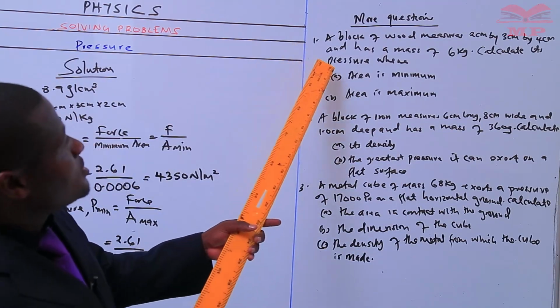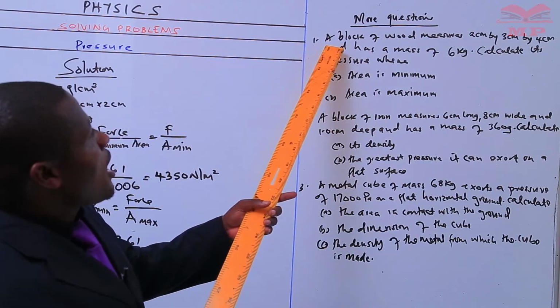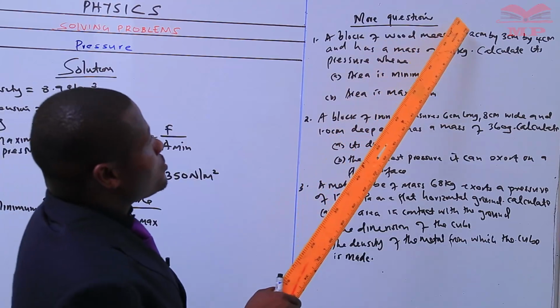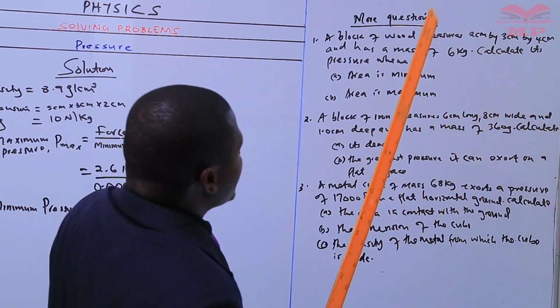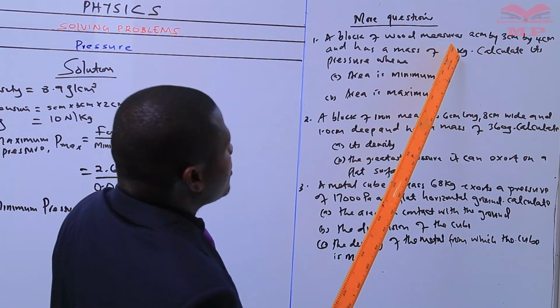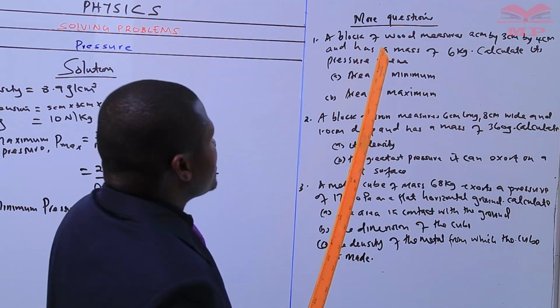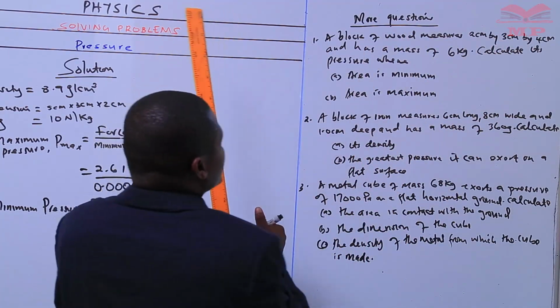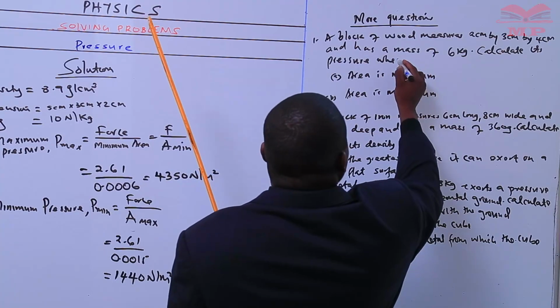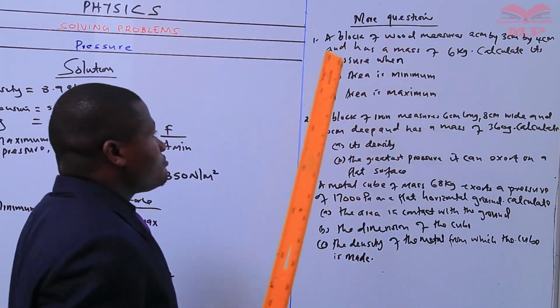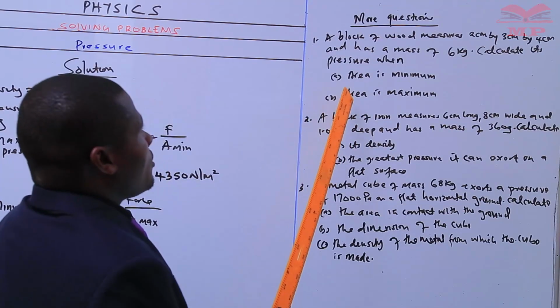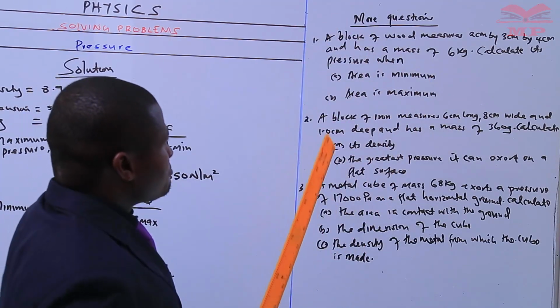The first one is a block of wood measures 2 centimeters by 3 centimeters by 4 centimeters and has a mass of 6 kilograms. Calculate its pressure when A, area is minimum, B, when area is maximum.